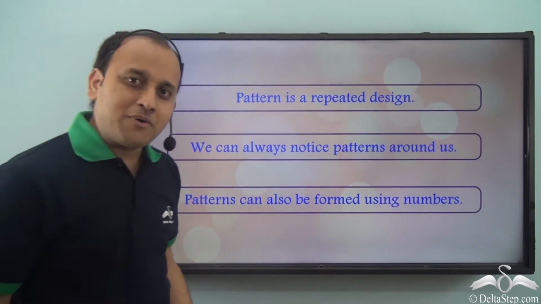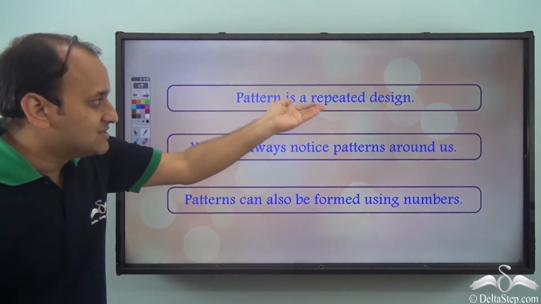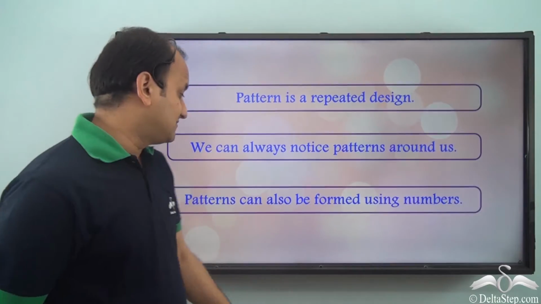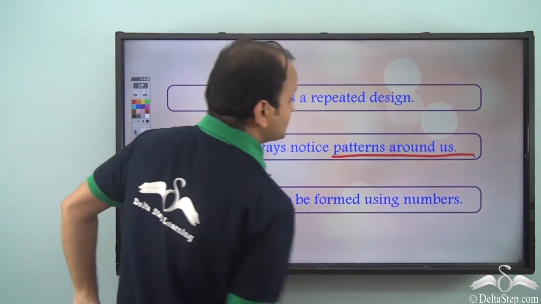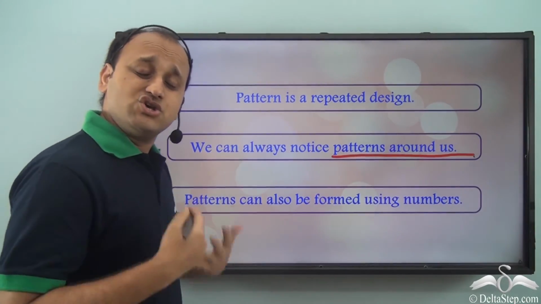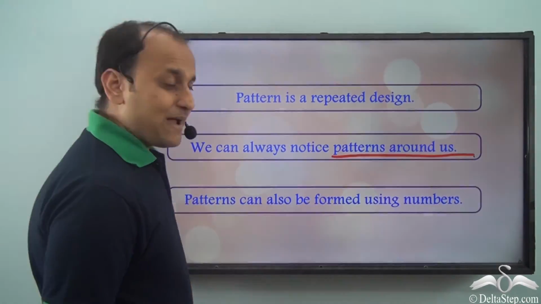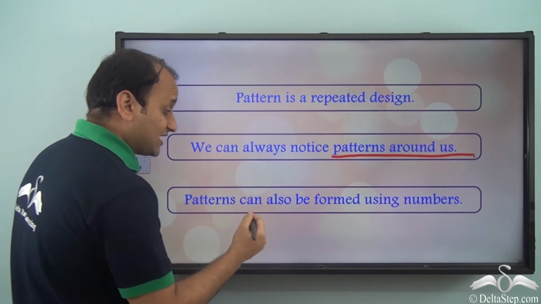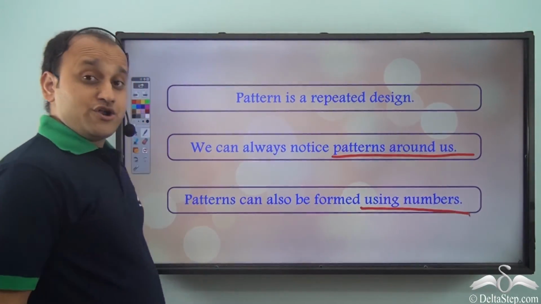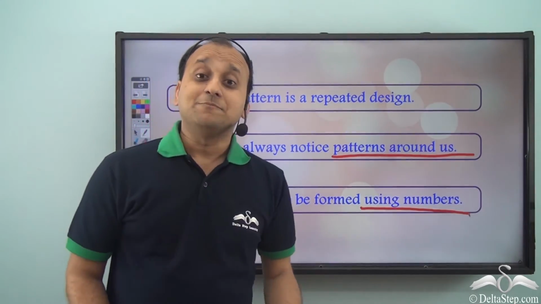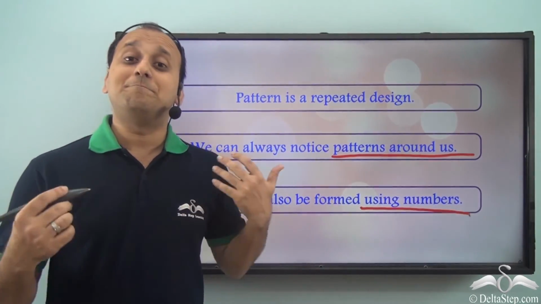So what do we know about patterns? Well, pattern is a repeated design, and we can always notice patterns around us. So around us there are so many different types of patterns, and patterns can also be formed using numbers. So not just shapes, but even numbers show patterns.